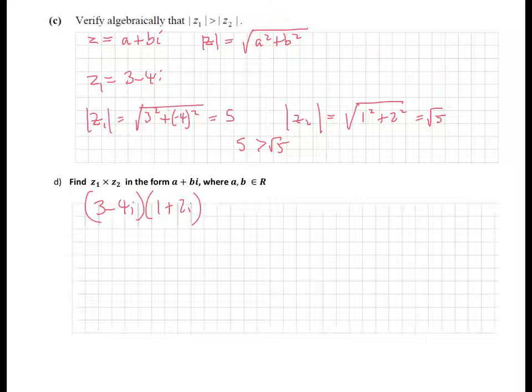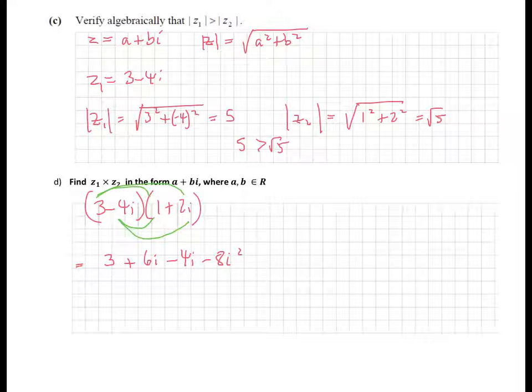So what we're talking about is 3 multiplied by 1, 3 multiplied by 2i, minus 4i multiplied by 1, minus 4i multiplied by 2i. So what do we get with that? Well, 3 times 1 is 3, 3 times 2i is 6i, minus 4i times 1 gives me minus 4i, and minus 4i times positive 2i gives me minus 8i squared.